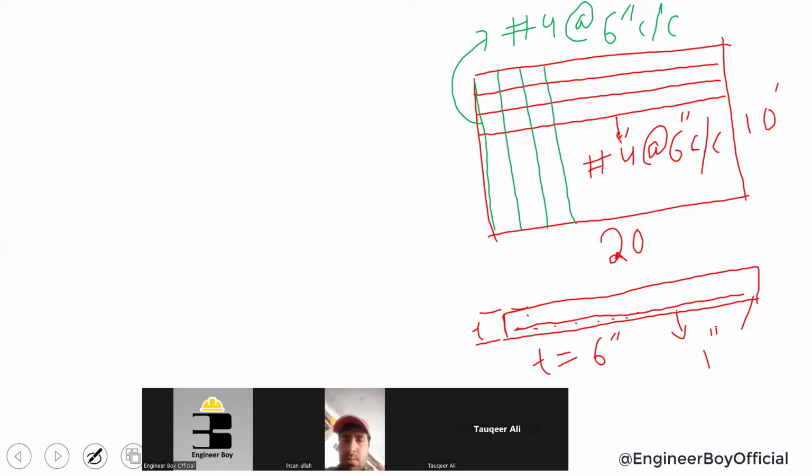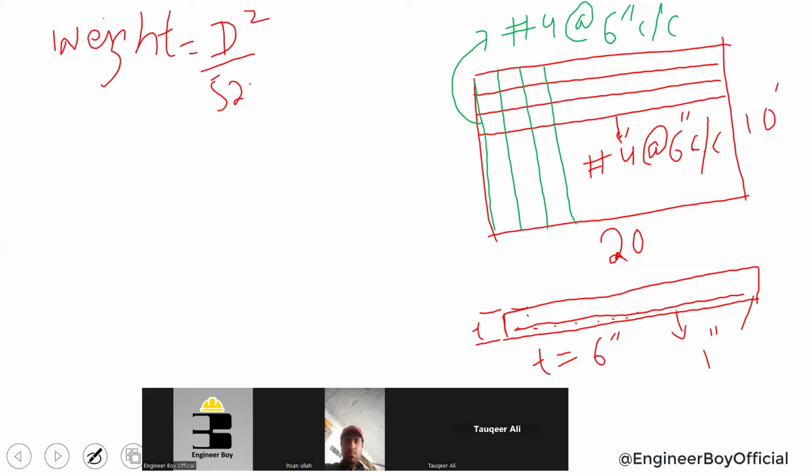Now, the first thing is actually, if you remember, the weight of steel, if we need, we have to determine it by the formula, which is d square by 52.9 times L. Because we have FPS system over here in inches and feet, you can see that. So this formula can be used. Just we have discussed this, okay?